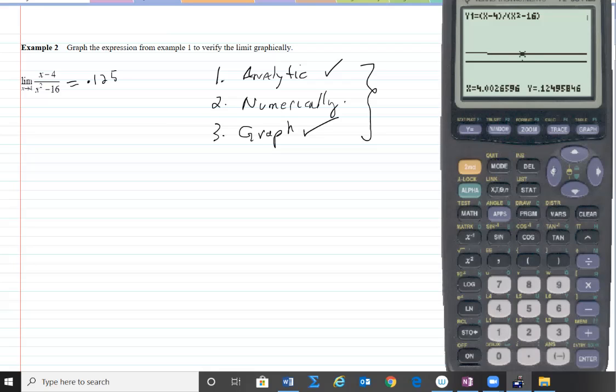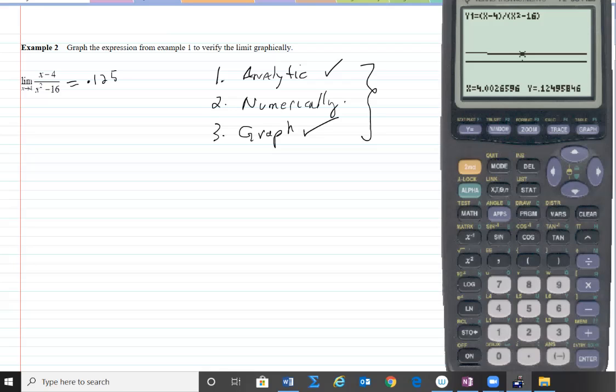A little to the left, again about 0.02. So we're at 0.1251, 0.1249. If you were rounding to 3 decimal places, you could see either one of these numbers would make you think that it was 0.125. You would settle on 0.125.